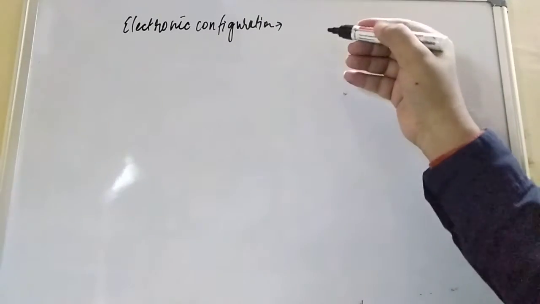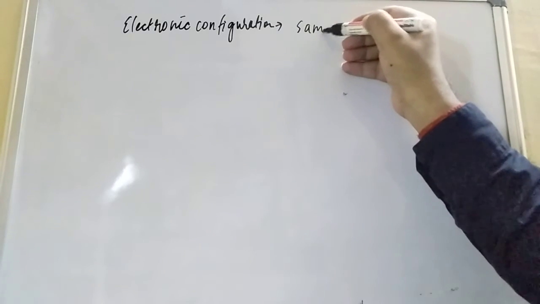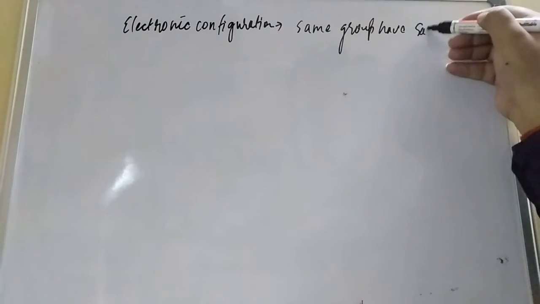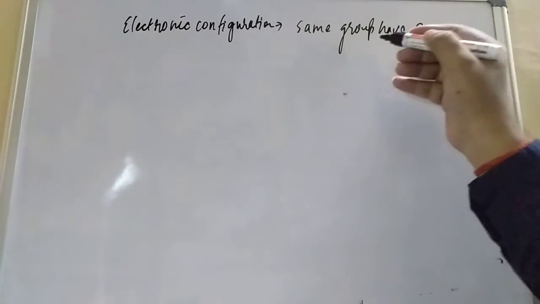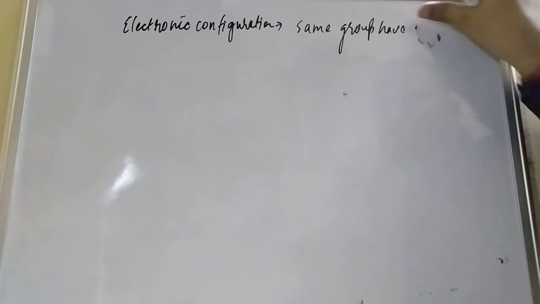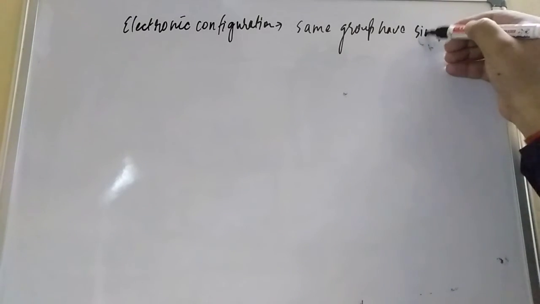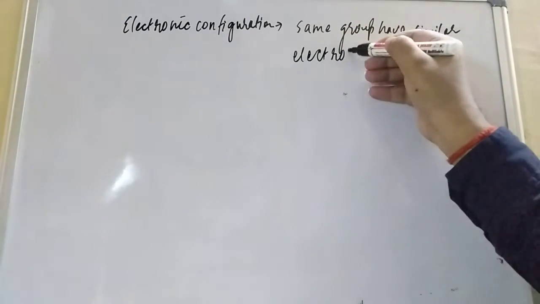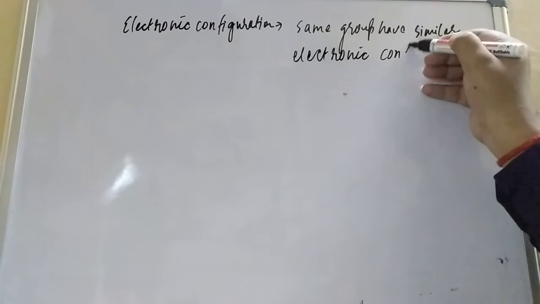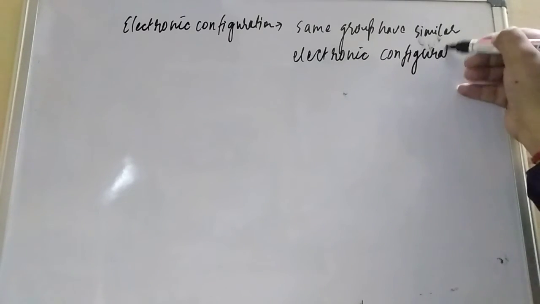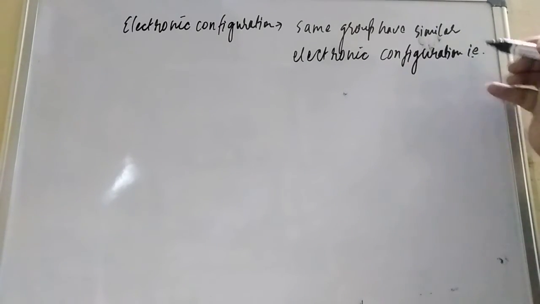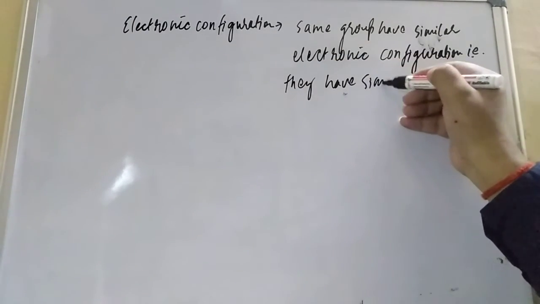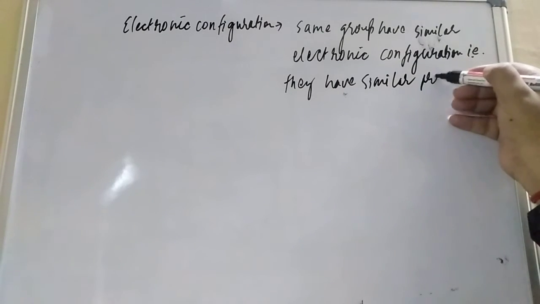So the same group has similar electronic configuration, and if there is similar electronic configuration, it means similar properties. They have similar properties.